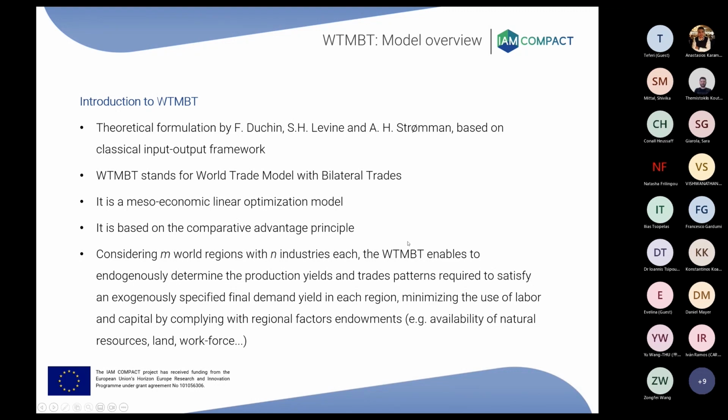So it is a meso-economic linear optimization model that is specifically devoted to the analysis of bilateral, international trades of goods and services across regions and sectors, defining the least cost trade pathways across regions based on the minimization of factor use.